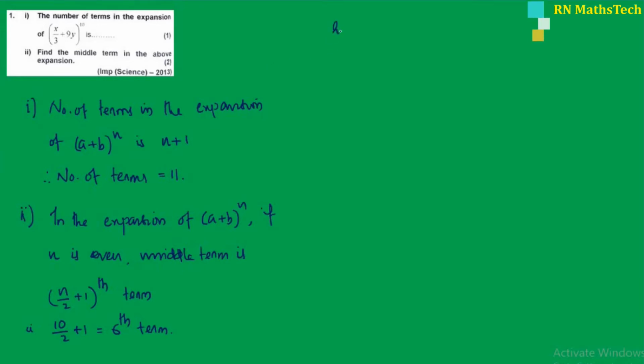The (r plus 1)th term, T r plus 1, is equal to nCr a raised to n minus r b raised to r, that is 10Cr, where a is x by 3 raised to 10 minus r, and b is (9y) raised to r.